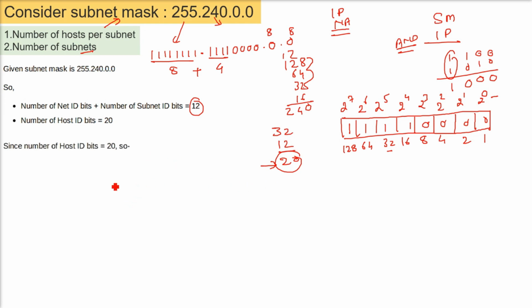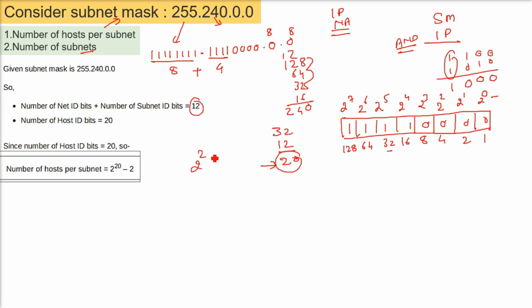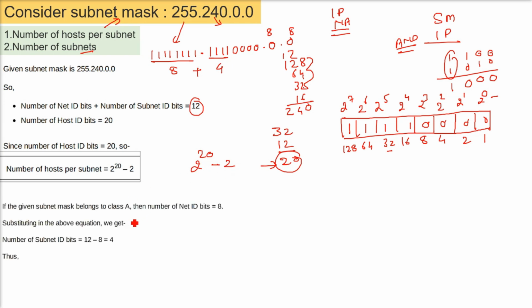Okay. So how many hosts per subnet is possible? 2 to the power 20 minus 2. First and last you cannot use. Now, if this particular subnet mask belongs to class A, we are imagining now. In the class A addressing scheme, the first 8 bits from the left are for the network ID.